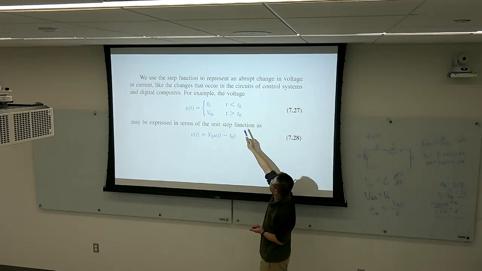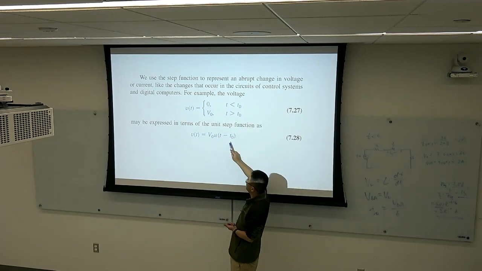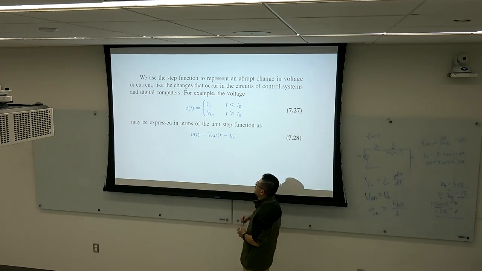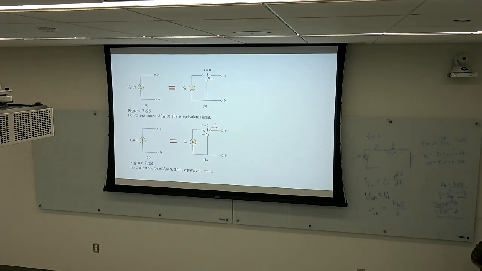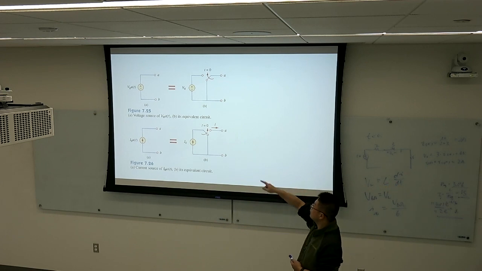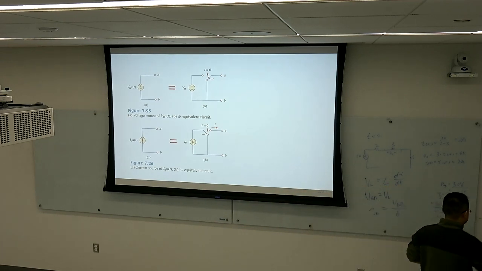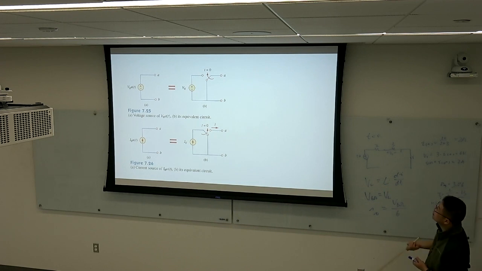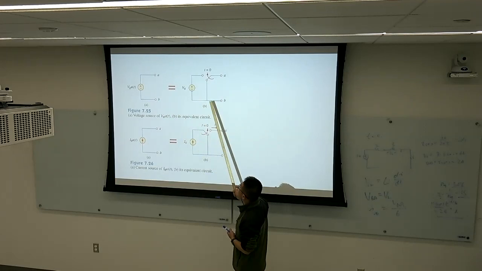Also here the step is not at 0, it's at t0, so we move the unit step function to express this v(t). So V0 times u(t) represents this case; these two are equivalent.